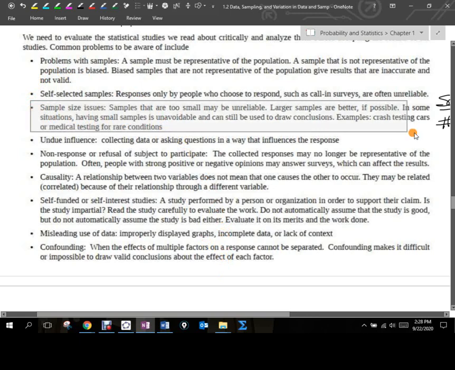Sample size issues: if I have a population of 103,000, like Allen County, and my sample is 15 people out of 103,000, we can't say that's representative of the population. Then the question is, if 15 is not, is 16?